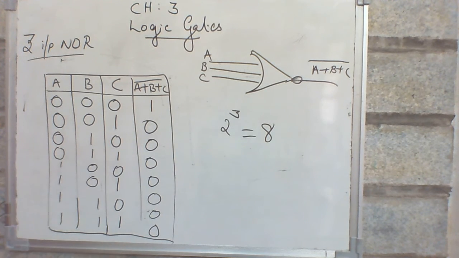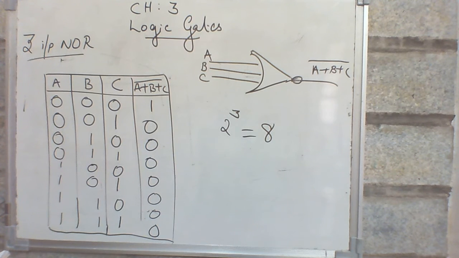Then what is a logic gate? It is an electronic circuit having 1 or more inputs and producing 1 output. Logic gate is an electronic circuit with 1 or more input signals to produce 1 output signal. 2 types of gates are basic gates and derived gates.